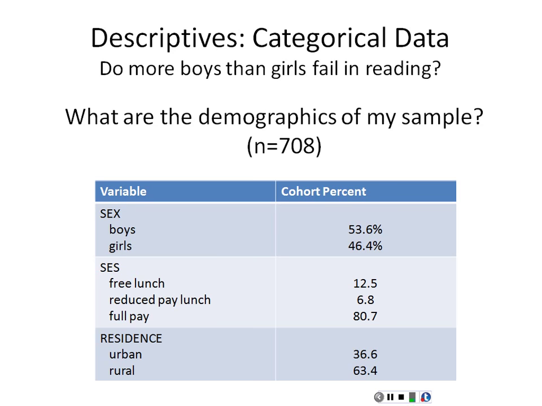As far as what kind of district or residence they lived in, I classified any town of 30,000 or higher as urban, and so 37% lived in urban areas, but not really urban as you would think of it, and those of you who live in the metro, as opposed to rural school districts in Minnesota.